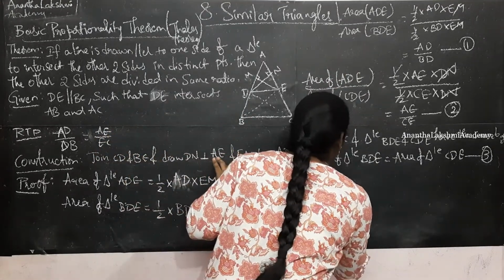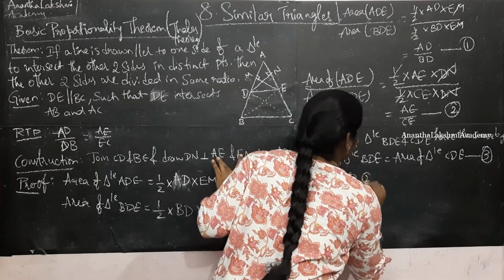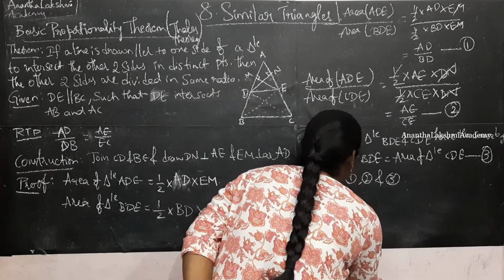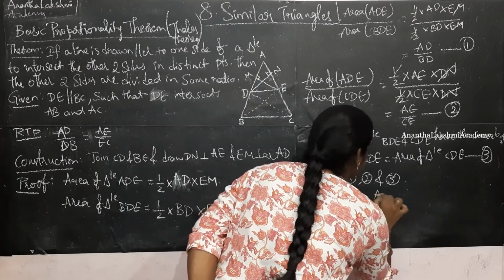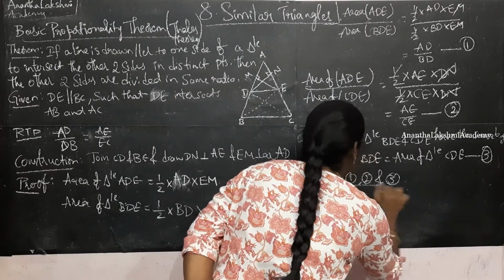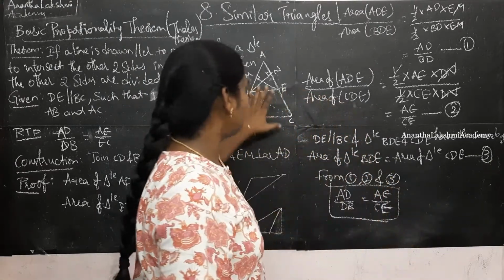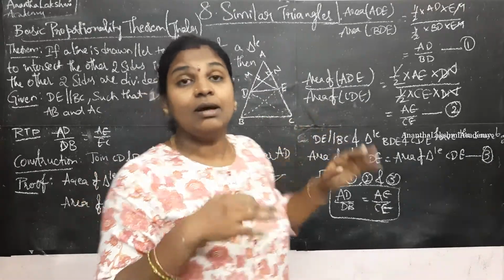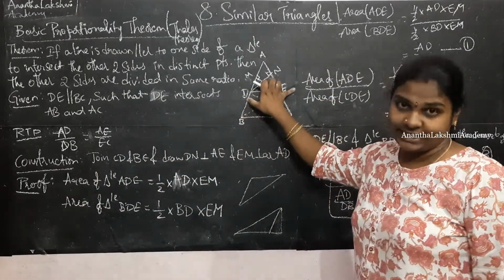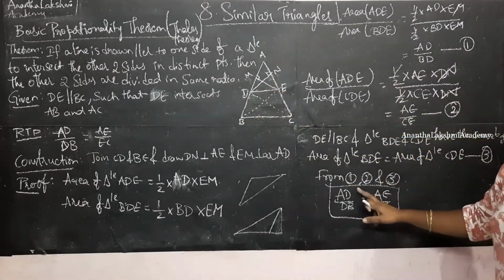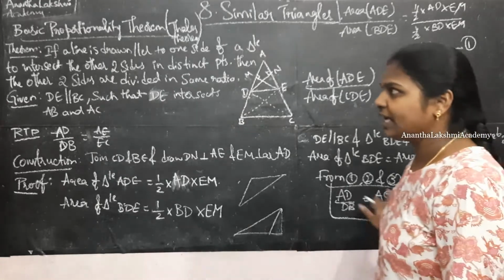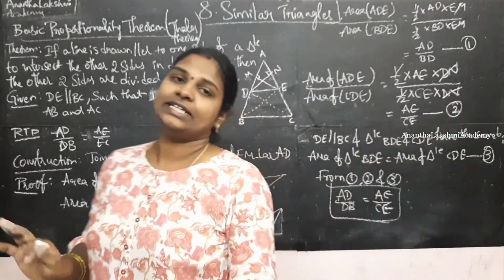From 1, 2 and 3, we have AD by DB is equal to AE by CE. Hence, when a line is drawn parallel to one side of the triangle such that it intersects the other two sides in two distinct points, then the ratio of the sides of the triangle are equal. Okay, this is about the basic proportionality theorem.